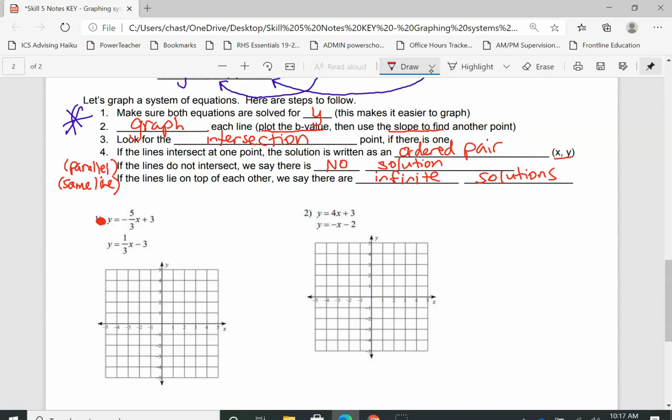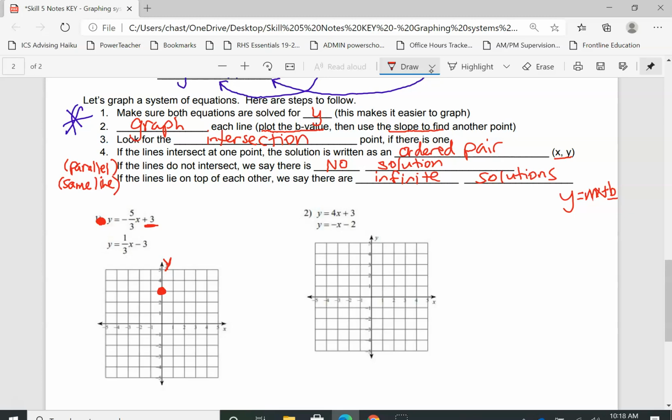Well, to graph that, I start with my b value. So remember, these are all in y equals mx plus b form. The b is the value at the end, so plus 3. It's a y-intercept, so I look at my y-axis, and I plot the plus 3. Okay. Now we're going to use our slope. Our slope is negative 5/3.